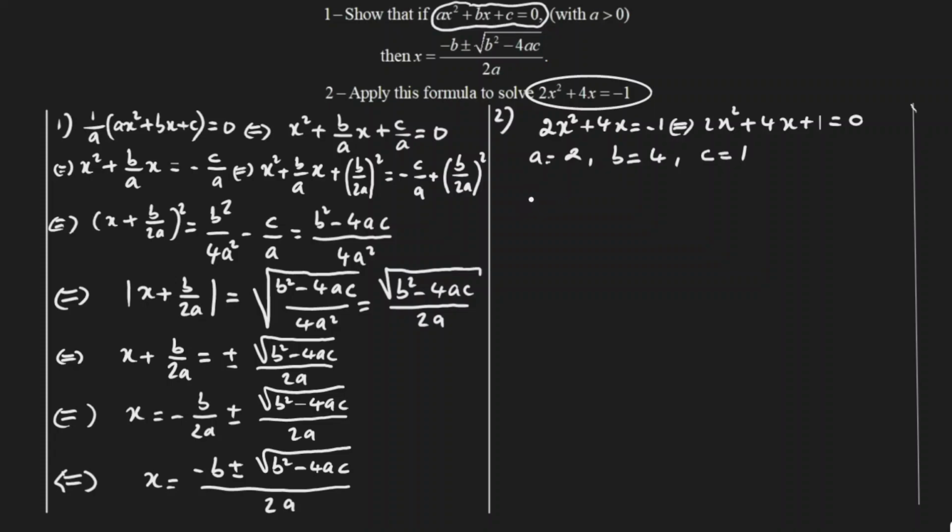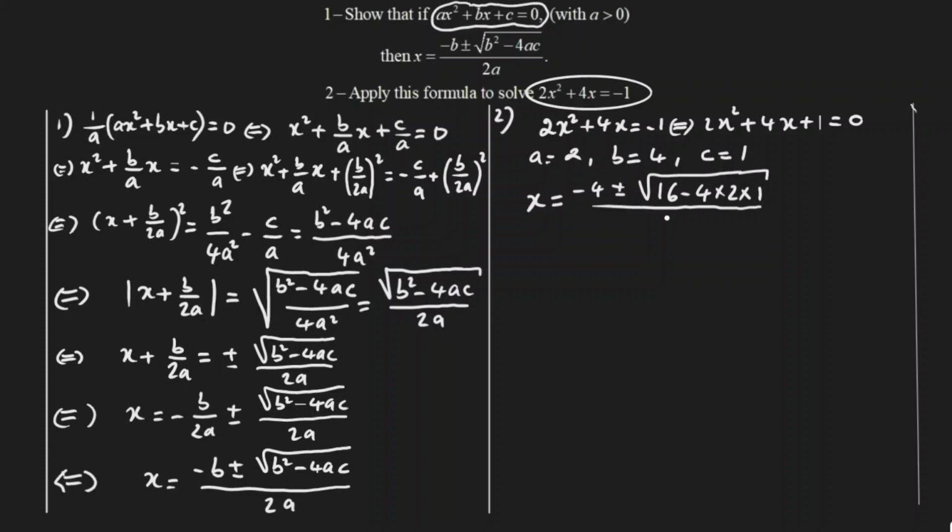Therefore, x will be equal to minus 4 plus or minus the square root of b squared, that's 4 squared, that's 16, minus 4 times a, which is 2, and c is 1, and all divided by 2a.